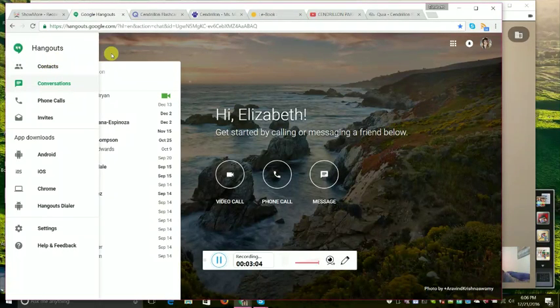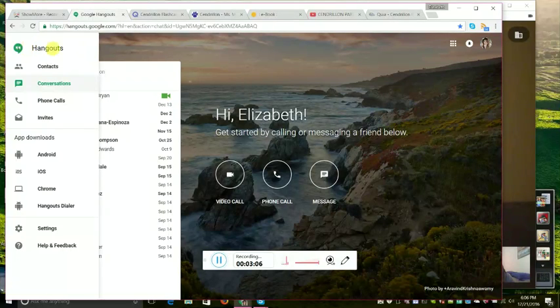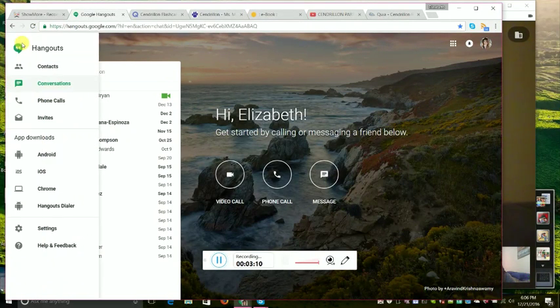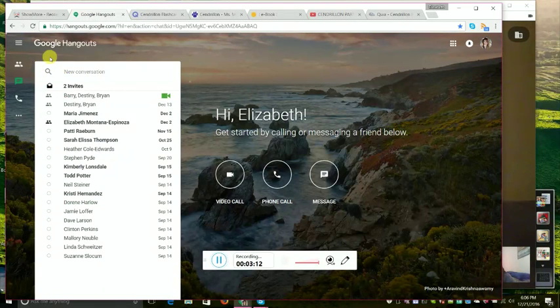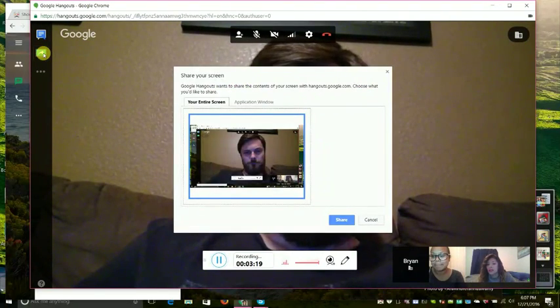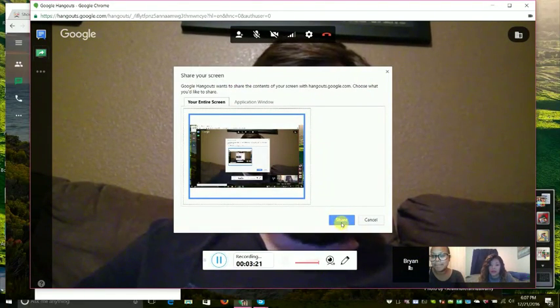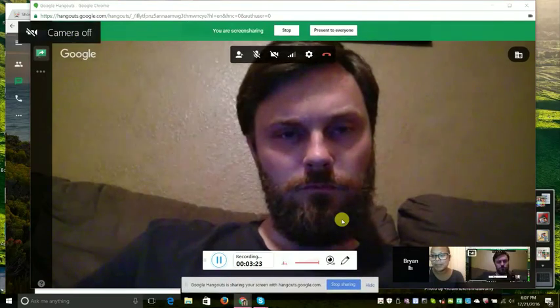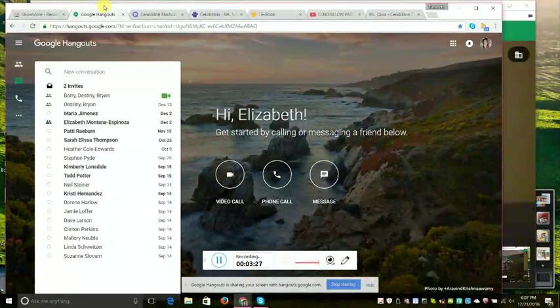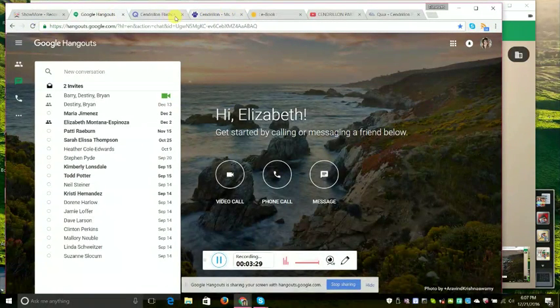Mine has a green box that says screen share. I don't know if yours does. I'm trying to see if I can find that right now. Oh, there we go. Okay, so screen share. Now you guys will be able to see what I'm talking about. Okay, can you see now? Yes, right, yes. You can see that? Okay, great.